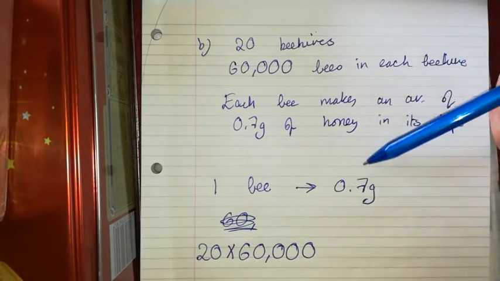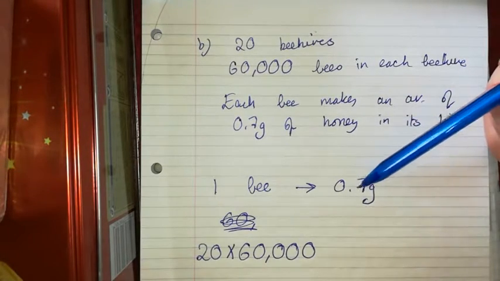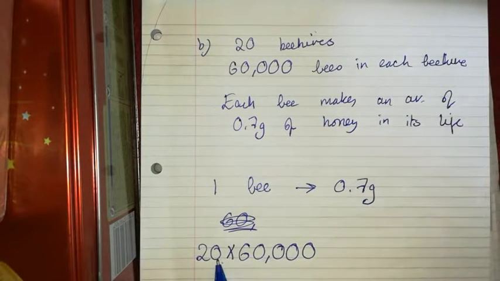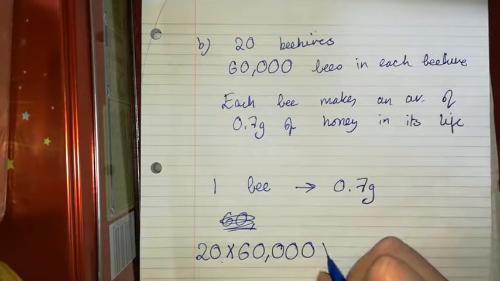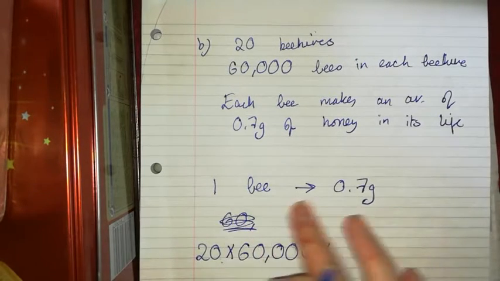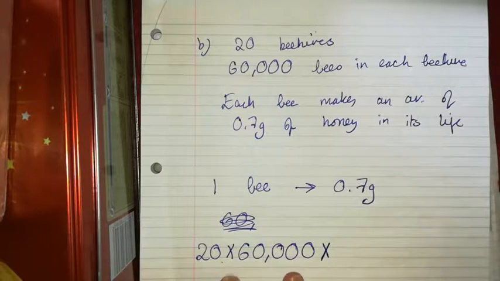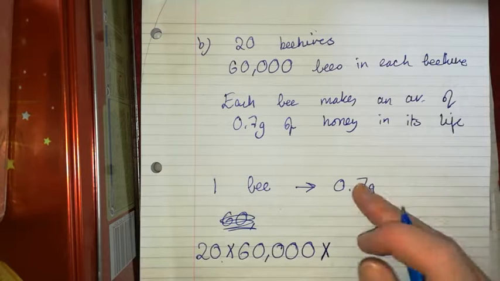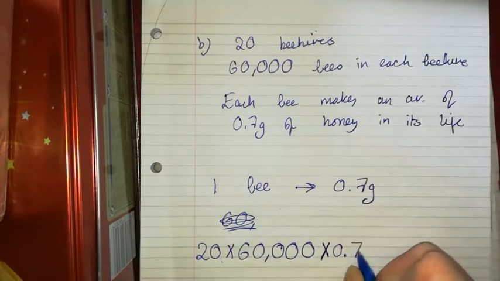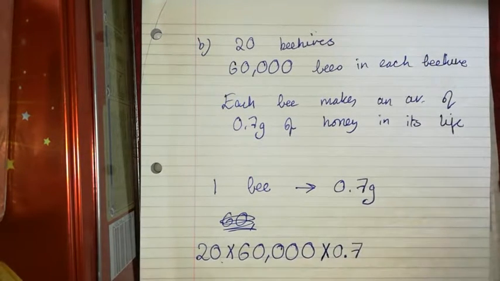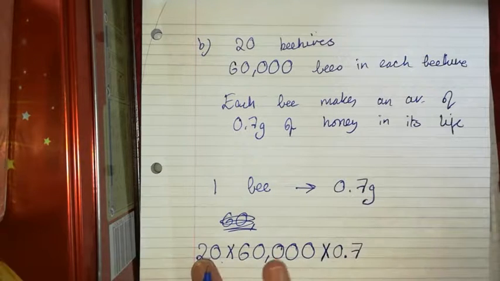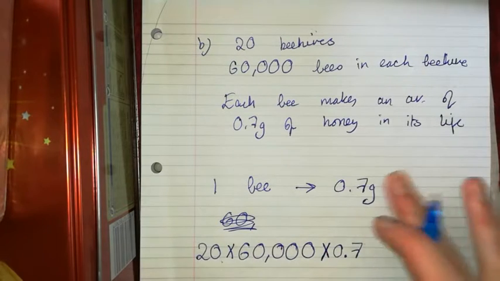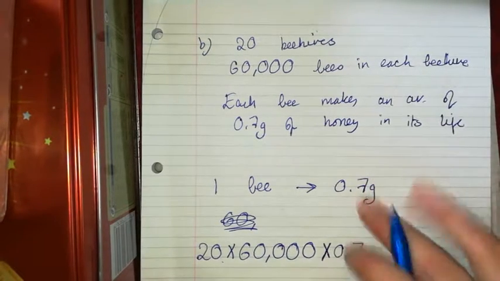But I also know that each bee makes me 0.7 grams. So if I want to figure out how much I get in total, if one bee gives me this, well then this many bees will give me 20 by 60,000 of this as well.